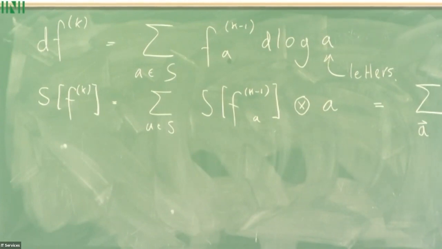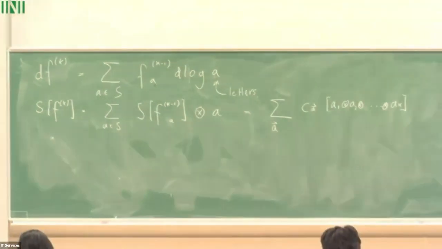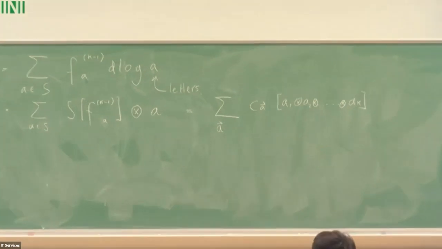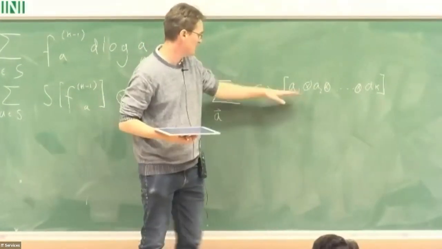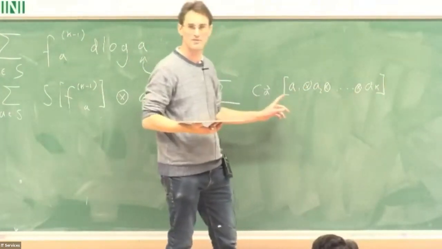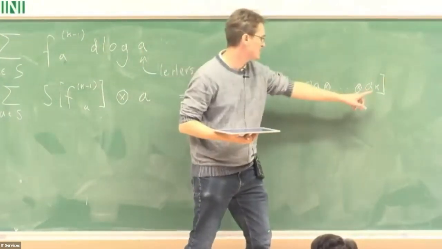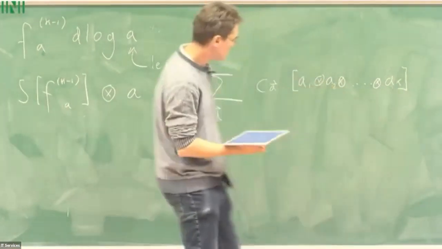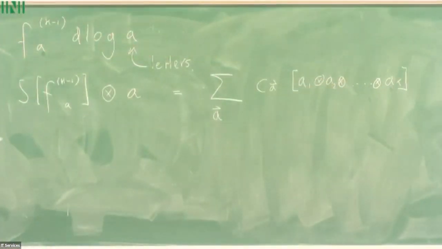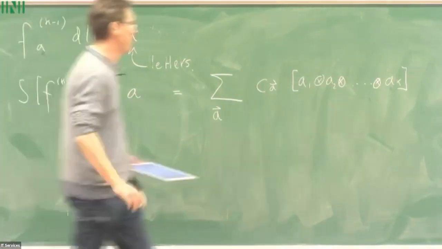Okay, so that's something that records lots of information about the original function f that I started with. And in particular, notice that I get a bunch of words out and they're ordered, right? So if I take a derivative of this, that's acting just here on the last one. Okay, so that's the symbol.